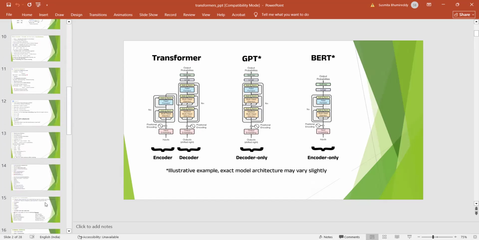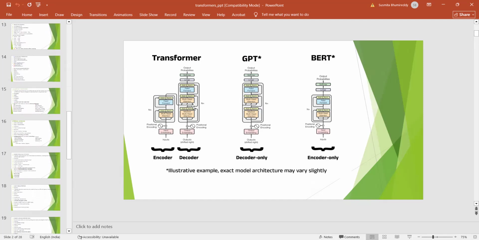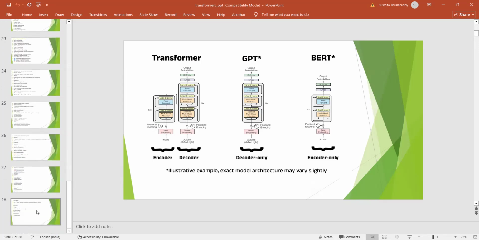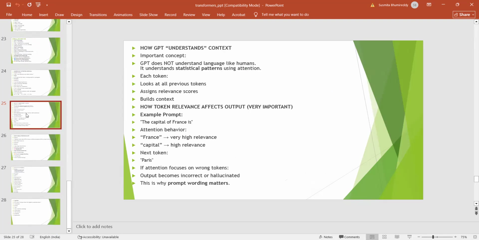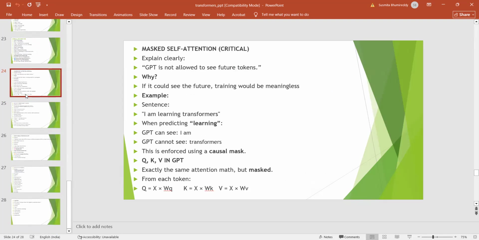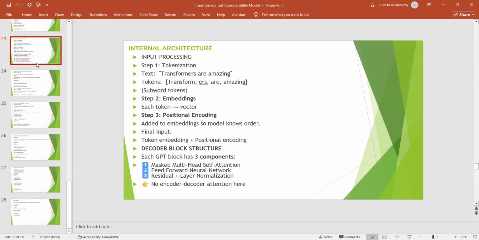I will explain it, but we have more in the decoder. One is masked multi-head attention, and then the feed forward network. So it has three components: masked multi-head attention, feed forward neural network, and the residual layer normalization.